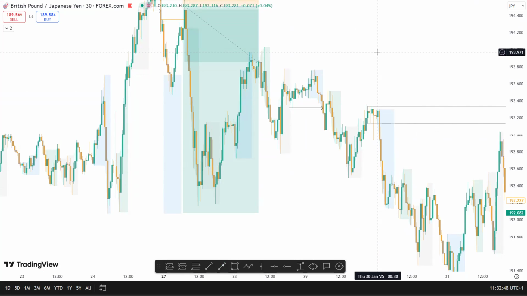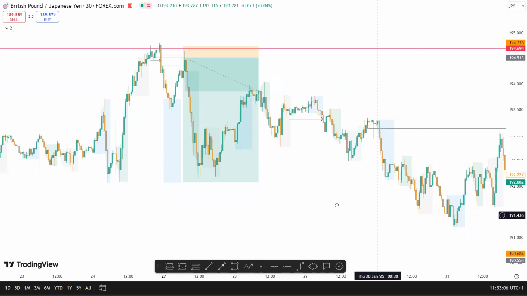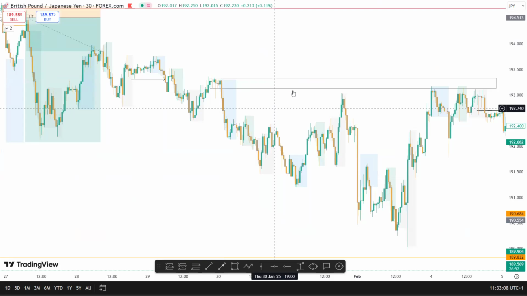So once I see market break a low, then I need to see a breaker block or an order block with inducements in it. So there's nothing here, and I'll still go down to the 15 minutes.